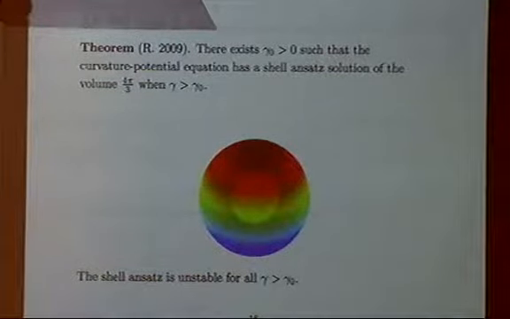Okay, so that's the first one. And then naturally you would think, let's look at the 3-dimensional analogy of the ring. That analogy would be a shield. You take a big ball and you subtract a smaller ball. This is called a shield. And this guy is a solution if gamma is sufficiently large. But the bad news is that this guy is always unstable.